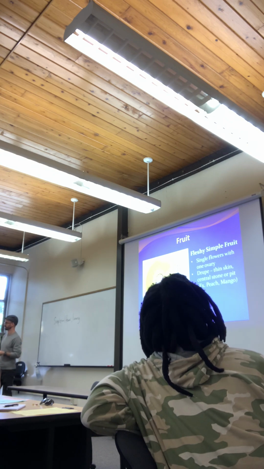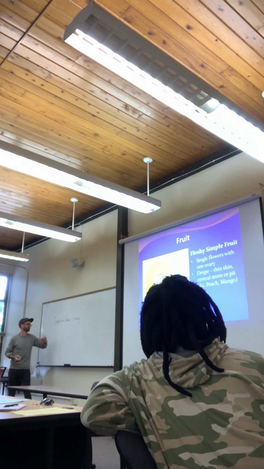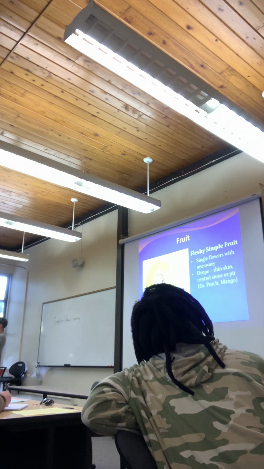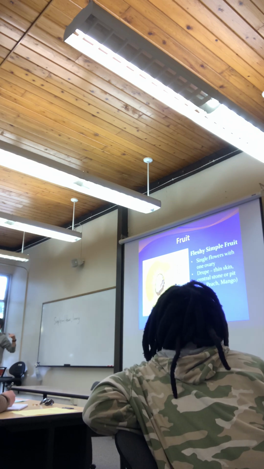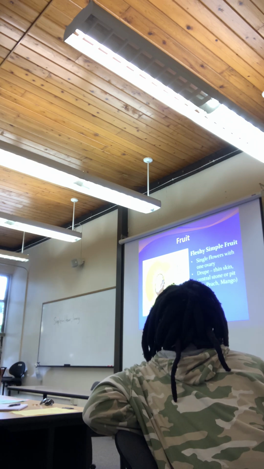Others only have one. And so I'm going to give you one flower, one ovary. You're going to see one flower, many ovaries. You can see many flowers, many ovaries. And so the structure tends to look different based on which class it's in. But species to species, the way they answer that question changes. So that's a simple fruit. One flower, one ovary.